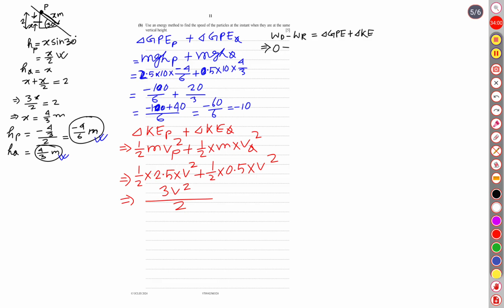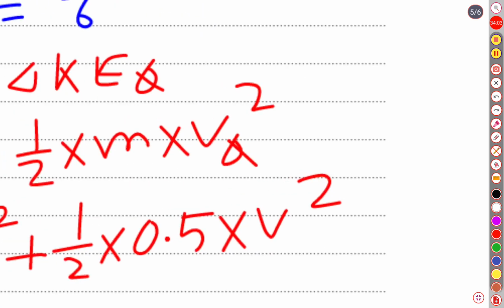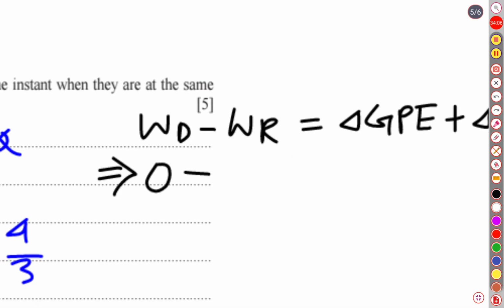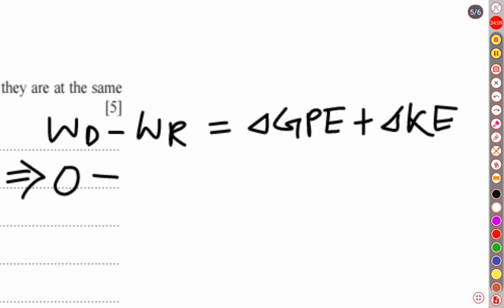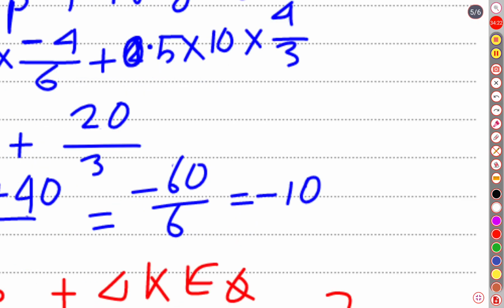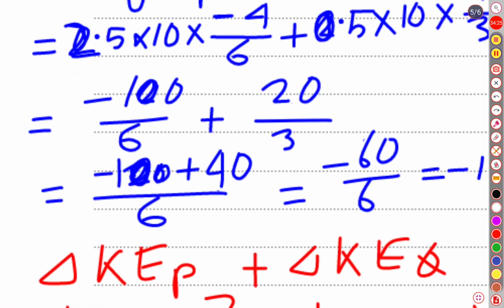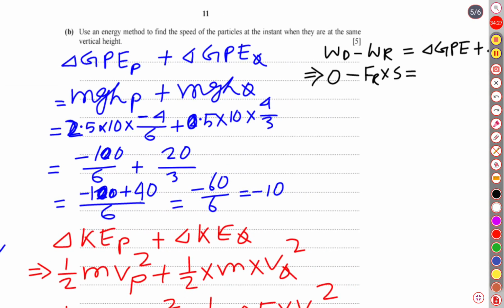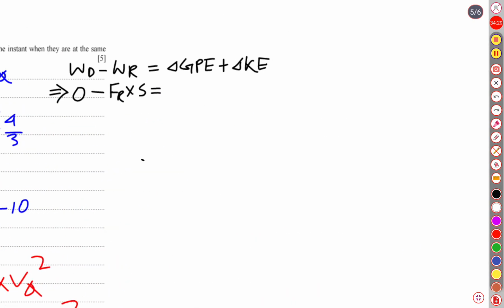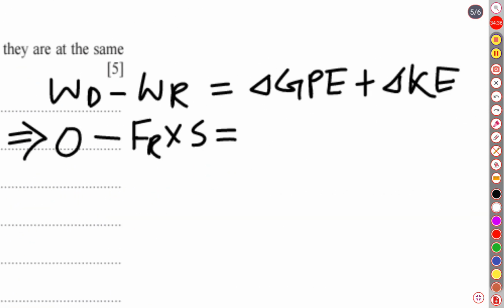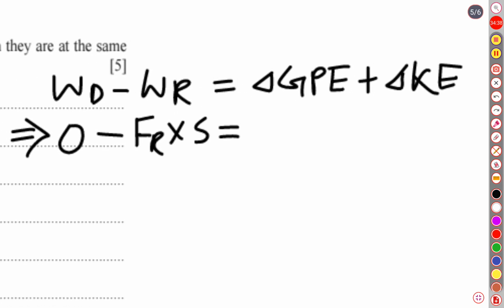And what is the formula for resistance work? The formula of work is resistance force into S, plus change in GPE. Didn't we already calculate the total change in GPE for both of them? We can repeat it for better understanding.